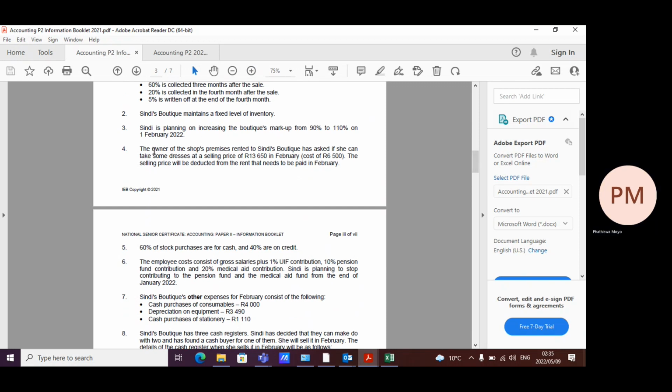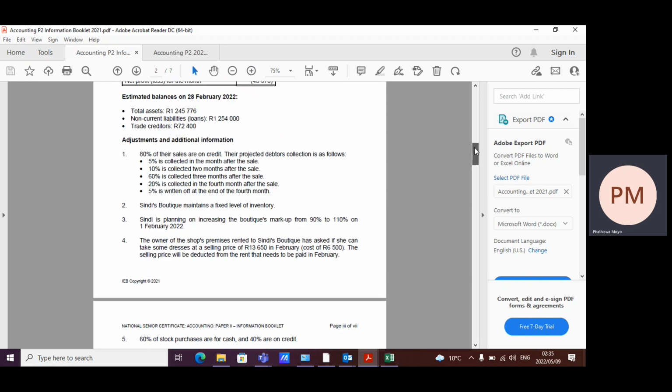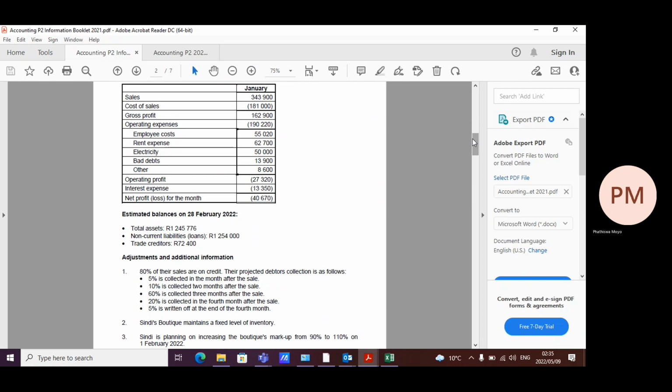It says the owner of the shop premises rented to Cindy's Boutique has asked if she can take some dresses at a selling price of 13,650 in February, cost 6,500. The selling price will be deducted from the rent that needs to be paid in February. So here is the rent expense.